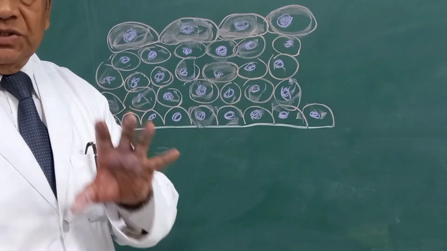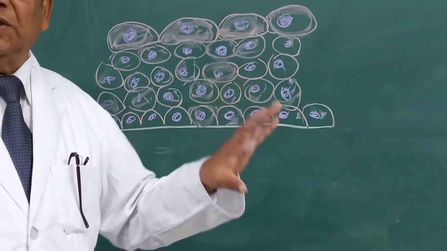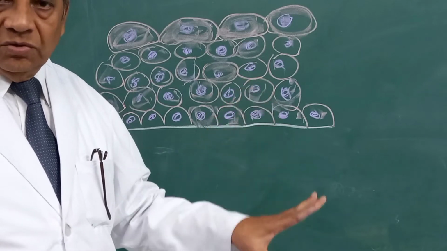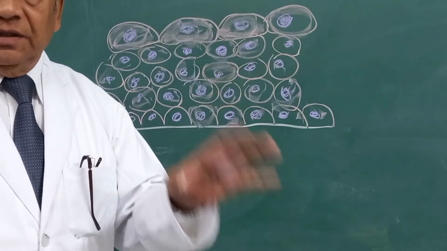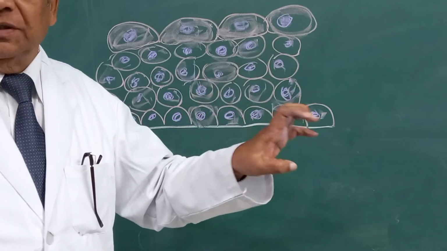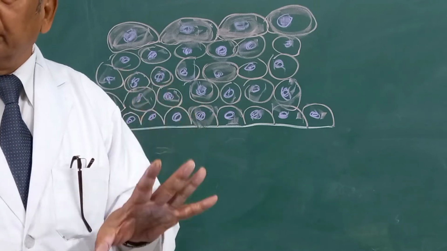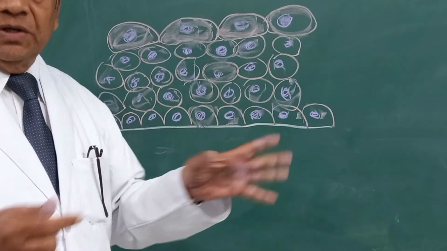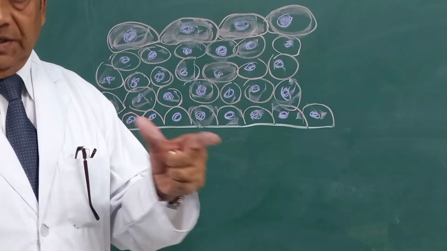Now, but this stratified cuboidal epithelial shape of the transitional epithelium is not maintained throughout the urinary tract. This is only maintained in the major and minor calyces and ureter, but it is not maintained in the urinary bladder, because the urinary bladder keeps on expanding with the collection of urine.